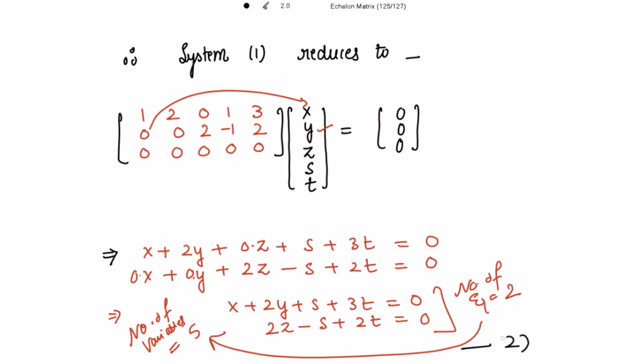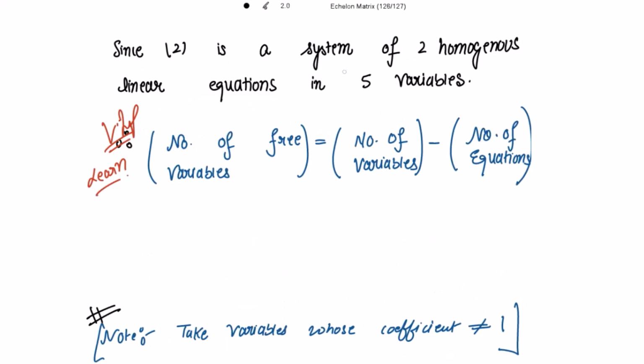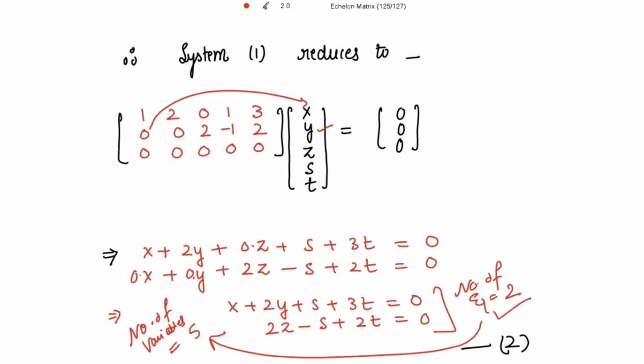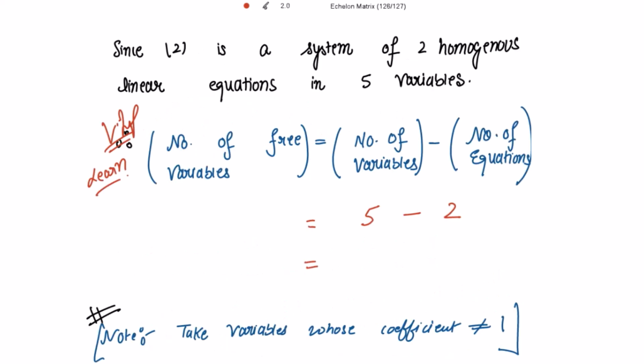Please mark this as 2. Since this is a system of two homogeneous linear equations in 5 variables, you may learn this: the number of free variables is equal to the number of variables minus the number of equations. The number of variables is 5, minus the number of equations, 2. So the number of free variables is 3.